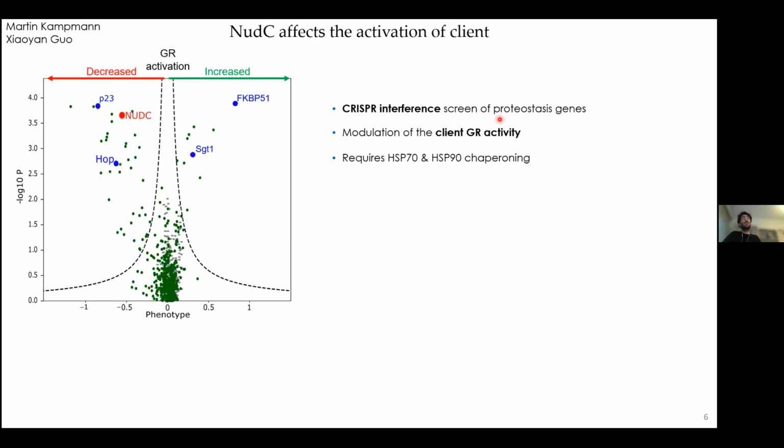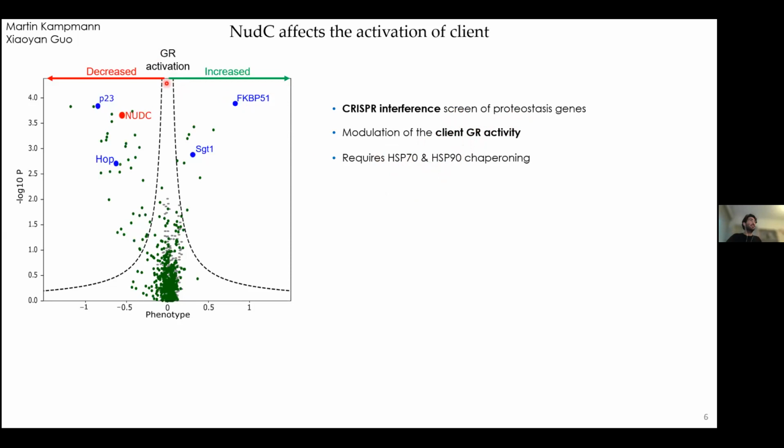We then look at the effect of this knockout on the activation of GR, a client that absolutely requires Hsp70 and Hsp90 for its activity. So by following the difference of activation of GR upon knockout, what we're really looking at is the modulation of the Hsp70 and Hsp90 system induced by the knockout. That's what you see here.